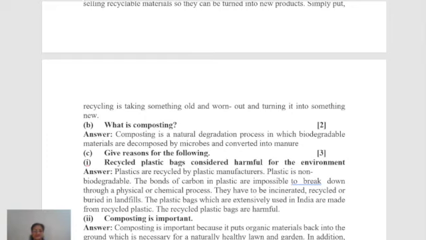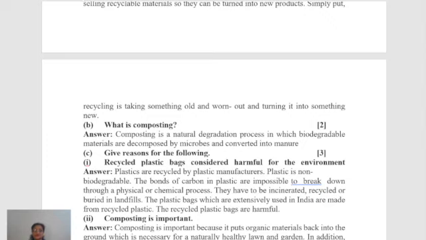What is composting now? Composting is a natural degradation process in which biodegradable wastes are decomposed by microbes and converted into manure, organic manure. So, this is a way in which we are reducing the total waste, and the other way we are using the waste in generating, in producing something good for the nature.